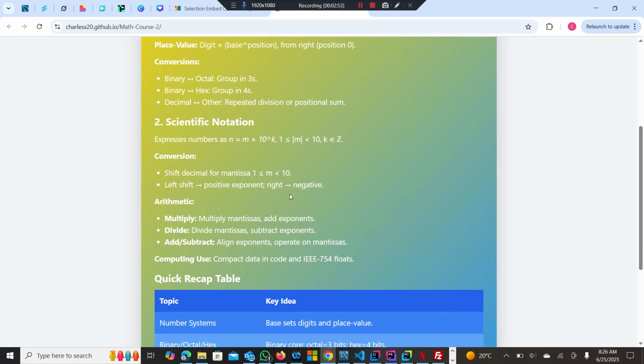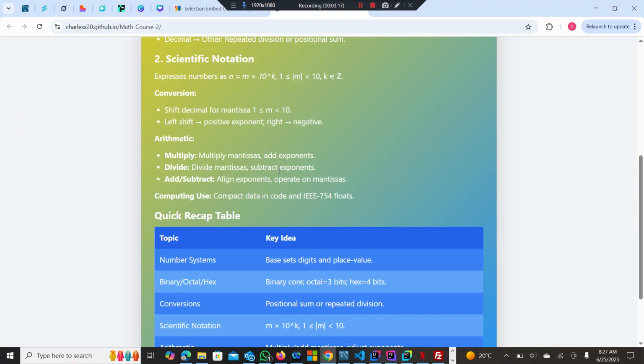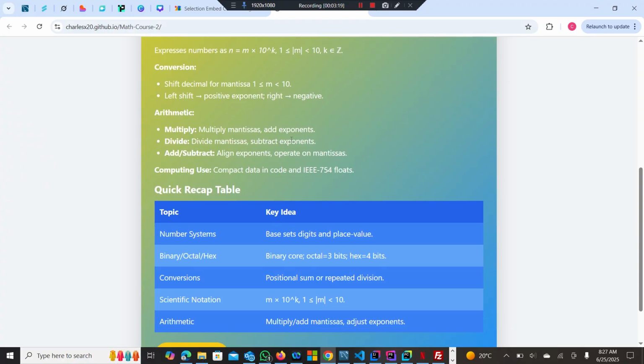So we have conversion. The mantissa must be from 1 to 10. Sorry, it must be from 1 to 9, meaning it is at least 1 and less than 10, not less than or equal to 10. For arithmetic: to multiply, multiply the mantissas and add the exponents; to divide, divide the mantissas and subtract the exponents.